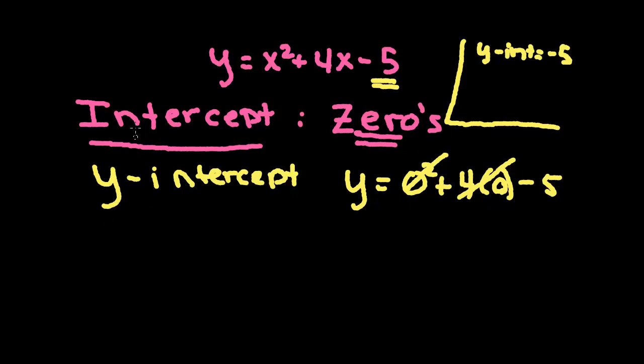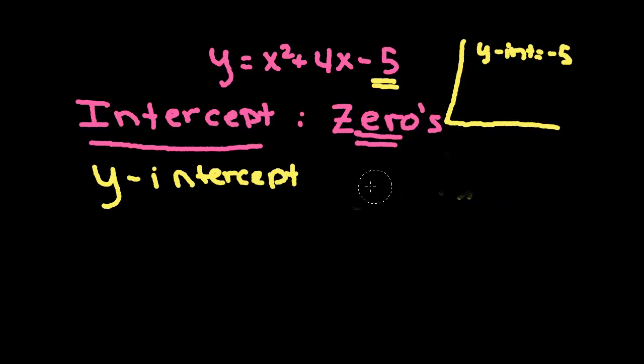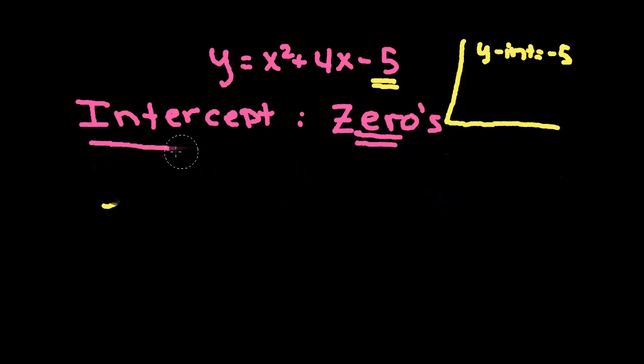All right, now let's look for what is our x-intercept. Well, like I said, we're thinking zeros here, so we're going to be finding the x value, so we're going to let y be 0 this time, and we're going to solve for x.